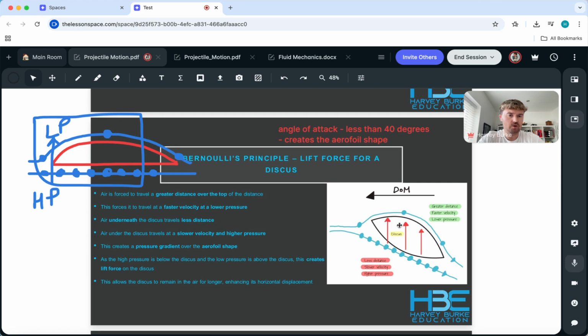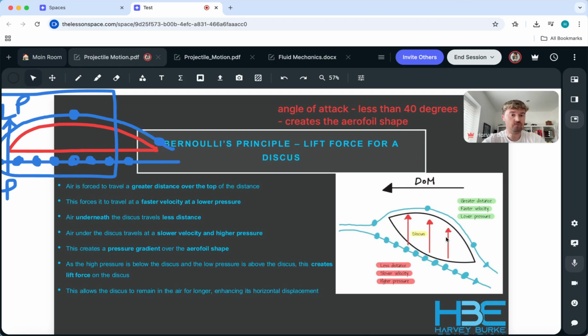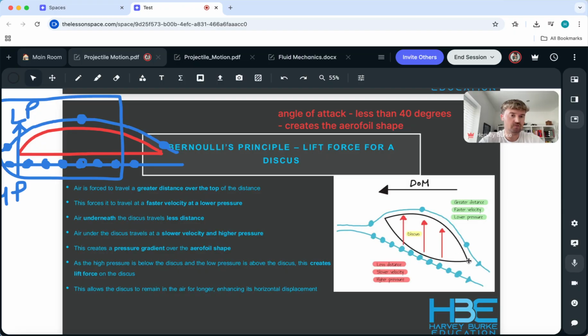So let's talk about Bernoulli's principle in regards to a discus. So discus has equal curvature on both sides. So if you threw it flat, there wouldn't be a difference in the distance that the air has to travel on both sides. So to make sure that there is, you use this optimal angle of attack of less than 40 degrees, and that creates this aerofoil shape. And then the air being forced over the top of the discus has to travel a greater distance.